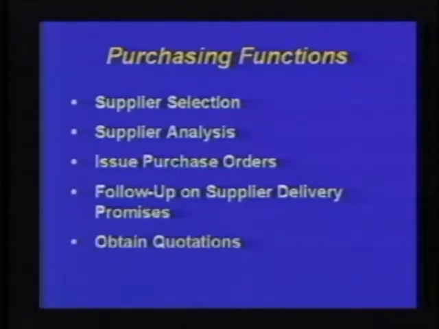Another function would be to obtain quotations and get into some price negotiation, not price debates, but price negotiation where you've done market research and you'd like to buy from supplier A, but supplier B has a lower price, and here's where you would like to negotiate with supplier A to try and get the same price as supplier B.